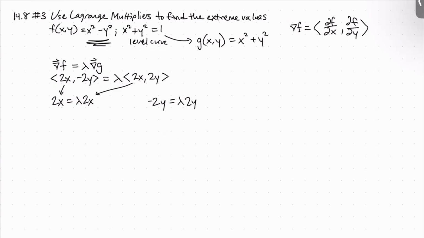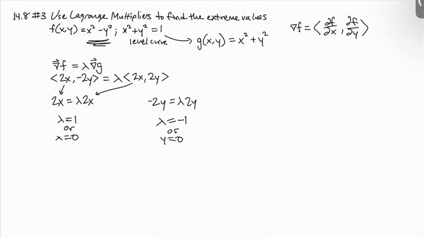So I'm just going to look at the obvious, which is here you could say lambda equals 1 if you divide both sides by 2x, or x equals 0. So I'm just going to put a little "or" there just to remind me. And it's kind of the same thing for the y equation. So we can obviously see that lambda can equal negative 1 or y can equal 0.